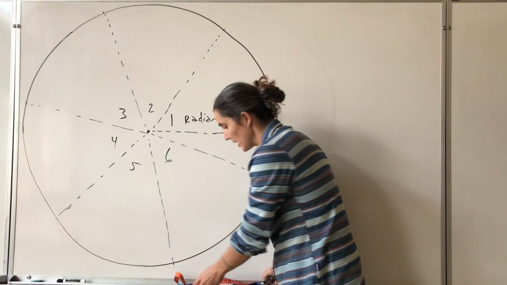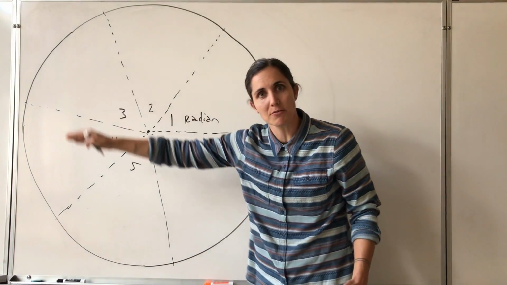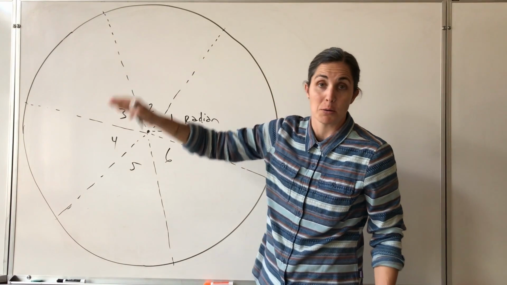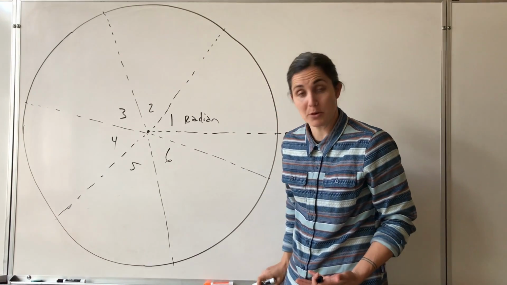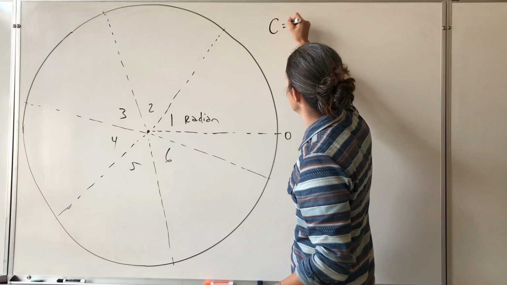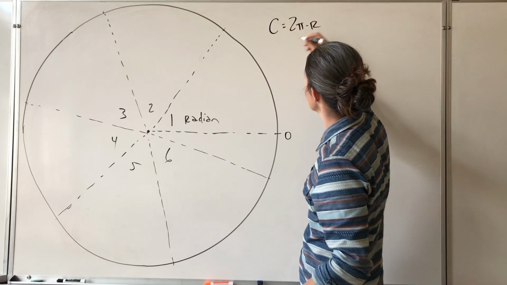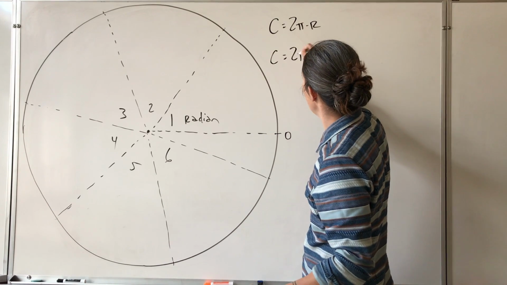Or another way to think about that is, we're really trying to divide the circumference of the circle by the radius, right? So in this example, the radius was 1 lanyard. So my circumference, we know, would be 2 pi times the radius, but in this case that was a lanyard. So the circumference here would be 2 pi times lanyard.